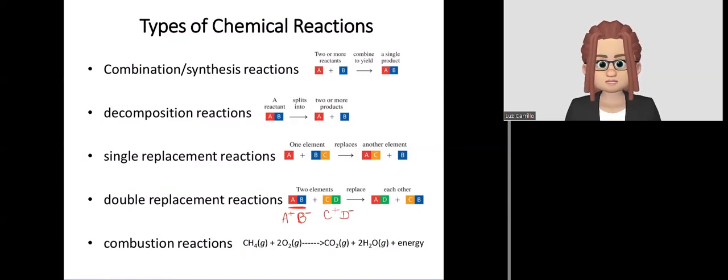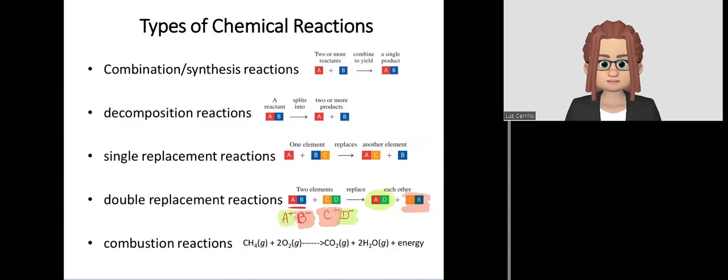In this exchange of partners, we generate new ionic compounds in which the cation of the first combines with the anion of the second compound to make a brand new compound called AD, where again A is the cation and D is the anion. Next, the cation of the second compound can combine with the anion of the first and make a new ionic compound called CB.